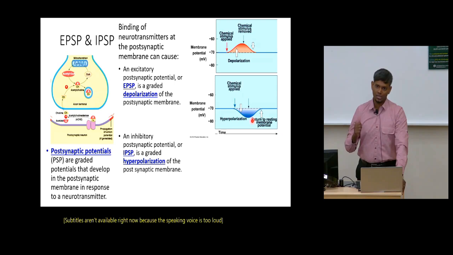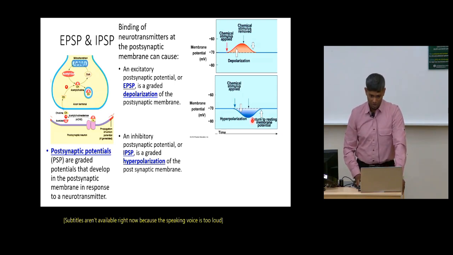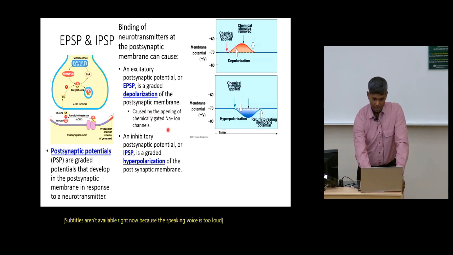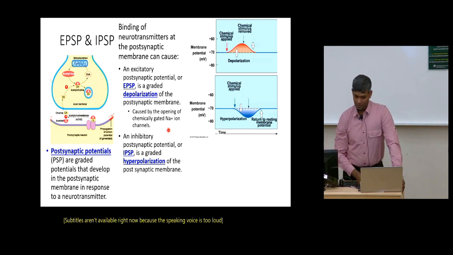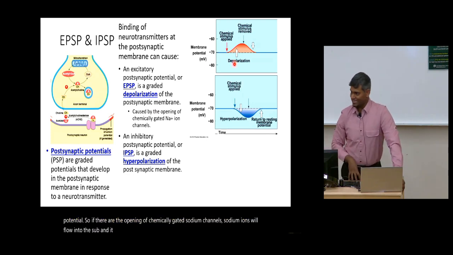Now the question is, what can lead to either depolarization or hyperpolarization of the membrane potential? If there is the opening of chemically gated sodium channels, sodium ions will flow into the cell, and it can make it less negative on the inside, and that leads to depolarization of the membrane potential.